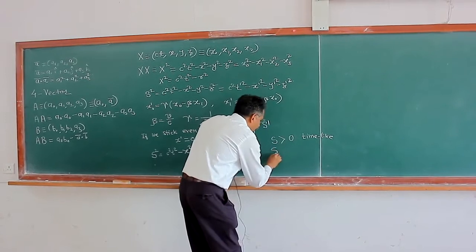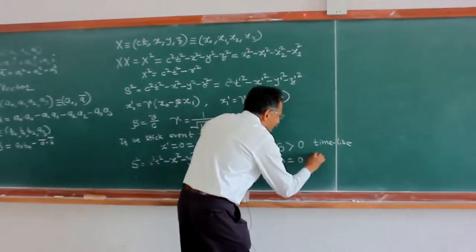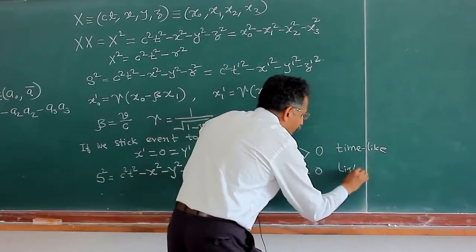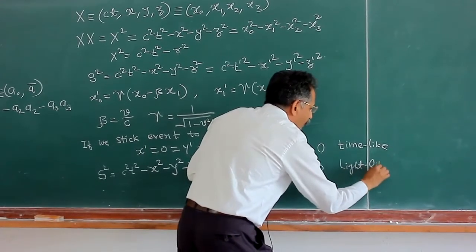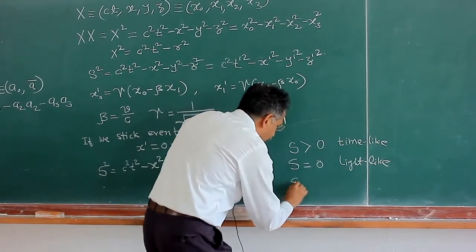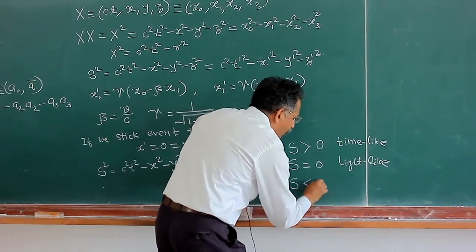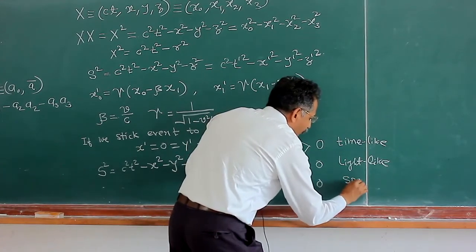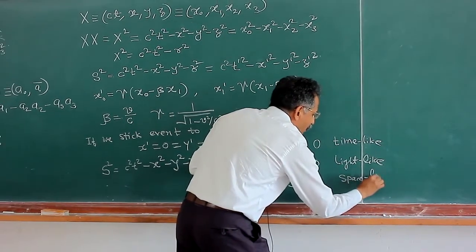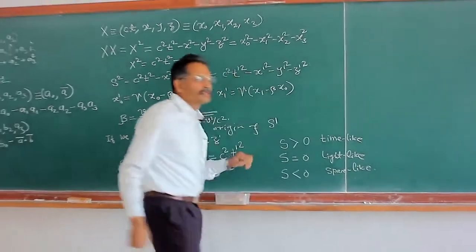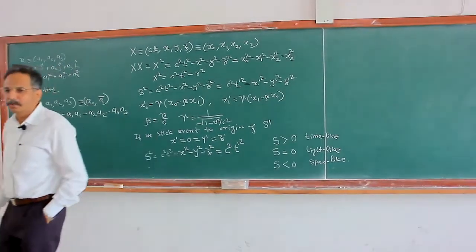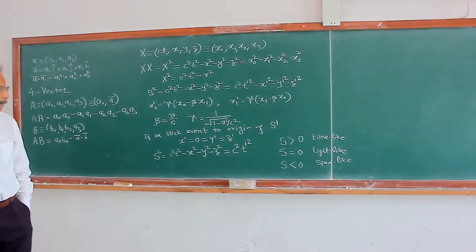If S is equal to 0, this is light-like. And if S is less than 0, it is space-like. These are the technical terms that are used in special relativity.